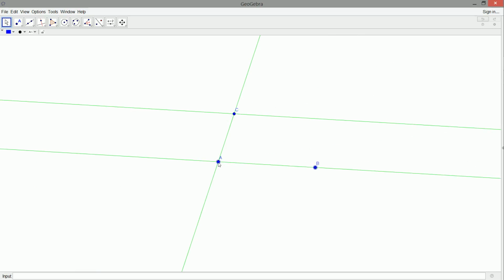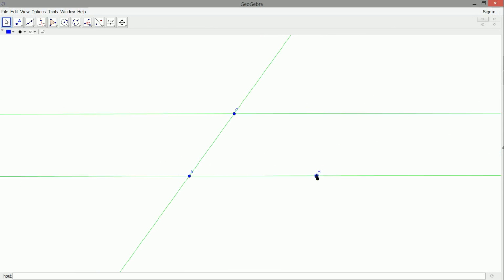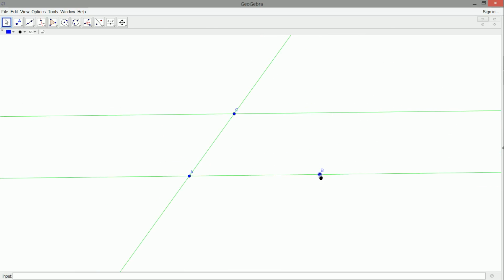Alright, so we've got our line parallel to AB through C. We want to make our parallelogram. So there's a couple ways we could do this. We could do the exact same procedure and get a line through B that's parallel to AC. That would be perfectly fine. Then the intersection of that line and the line through C would give us our fabled other point D, making the parallelogram, and that'd be fine.